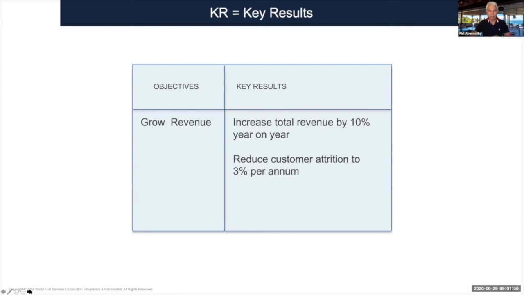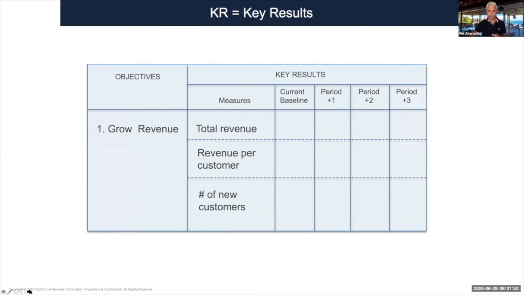You can write it in this form, or you can go one step further and tease it out. Now, teasing it out really helps. This is a much better format because it helps you think about actual targets. So here we are. You've got the total revenue. You've got multiple measures for growing revenue, which is the objective. Total revenue is one of them.